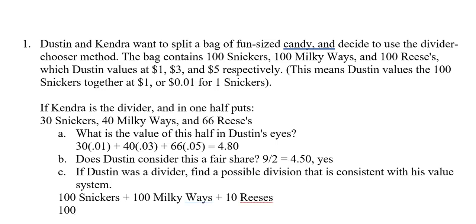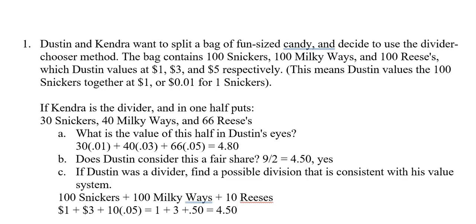And of course, we could sit here and go: the whole 100 Snickers is worth $1, the whole 100 Milky Ways is worth $3, and 10 Reese's will be worth 5 cents each, and that gives us 1 plus 3 plus 50 cents, which is $4.50. Now, that's one half.